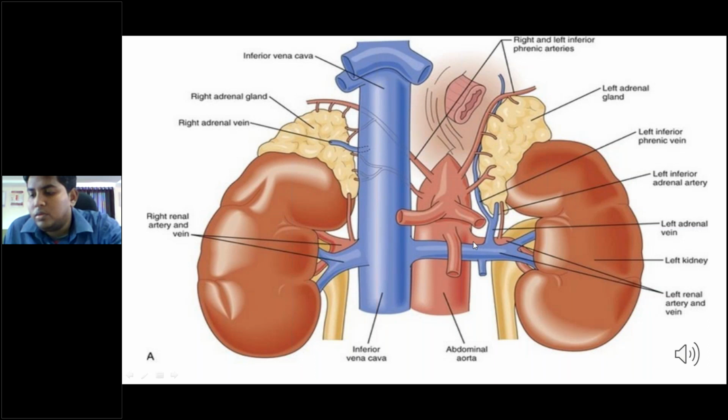If you take a clear look at this picture, on the corresponding right renal artery and left renal artery, the renal artery can be compressed. That is one clinical point. There are chances of compression of the renal vein between the abdominal aorta and this branch, which could cause hypertension and secondary renal issues.